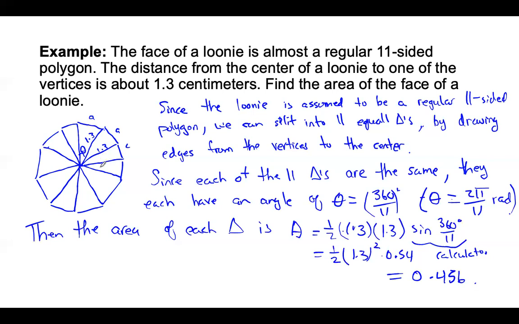So that's one triangle. Now we have 11 of them, so you calculate that area times 11. The 11 times our area is the area of the Loony.